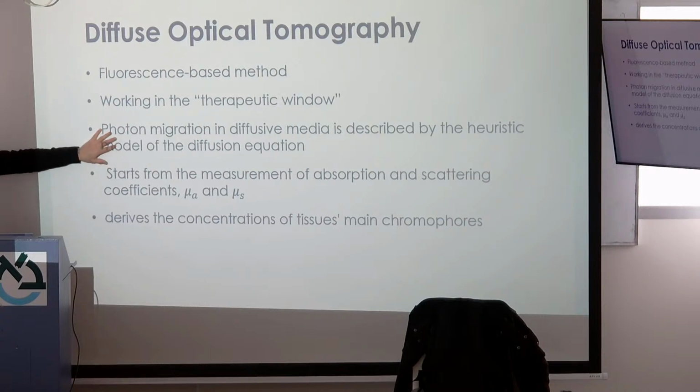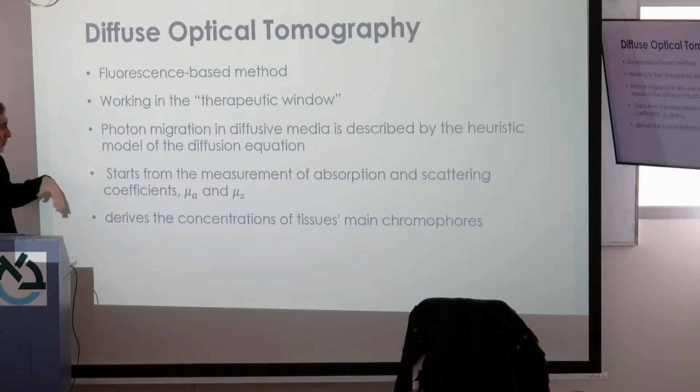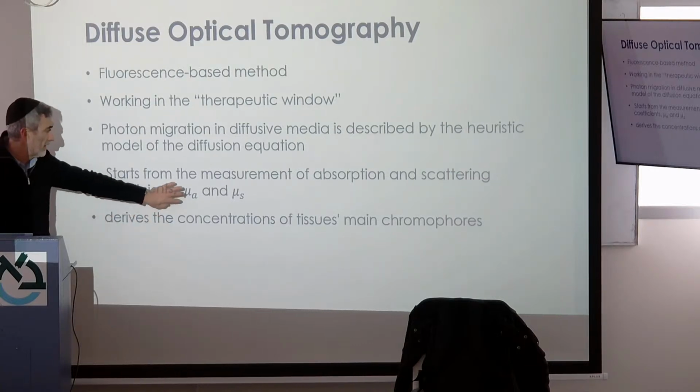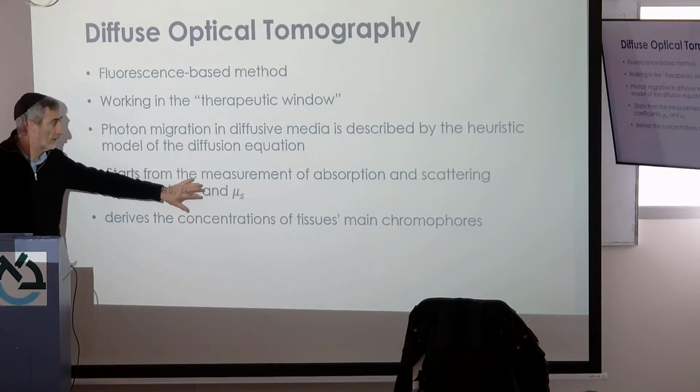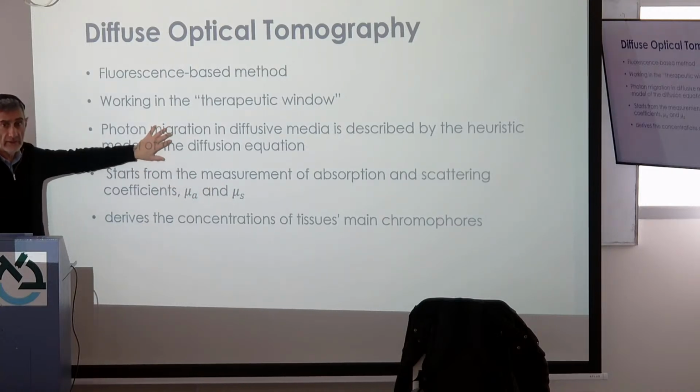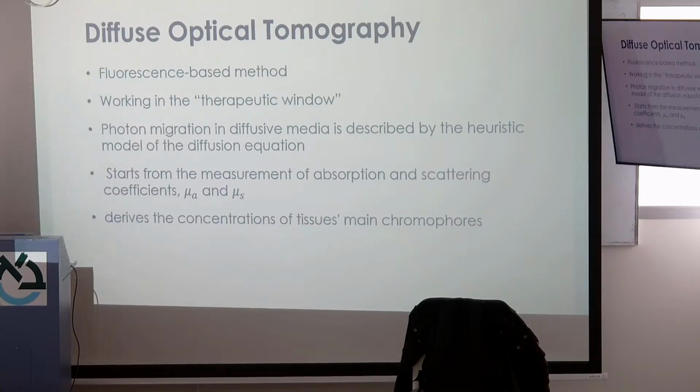This is based on a model: people use a theoretical model, typically the diffusion equation, which is the main model used to analyze the measurements. When you measure a medium, you need to measure the absorption coefficient and the scattering coefficient. Those are the parameters that go directly into the diffusion equation.